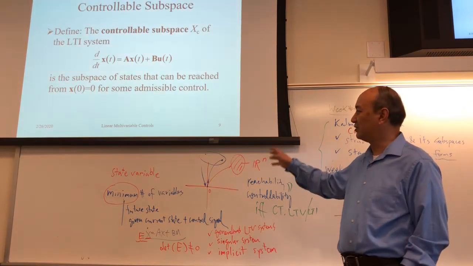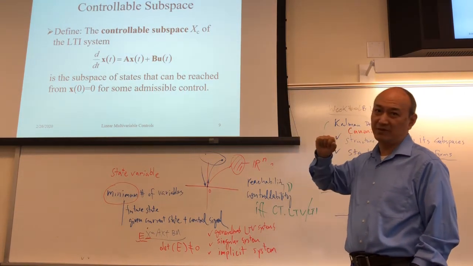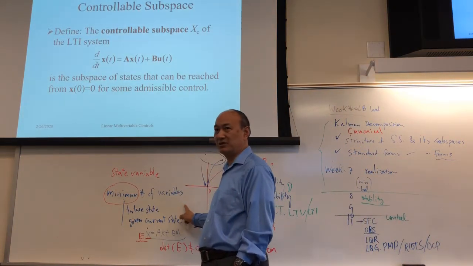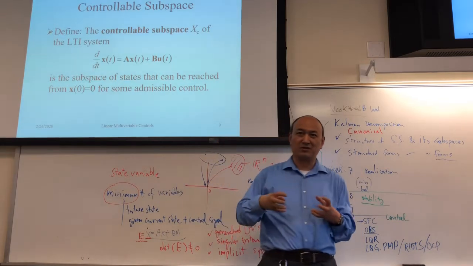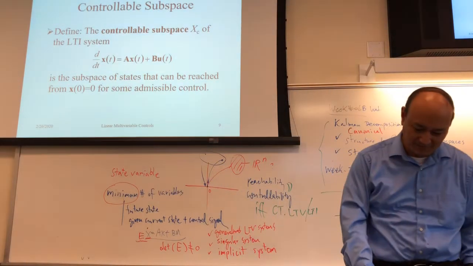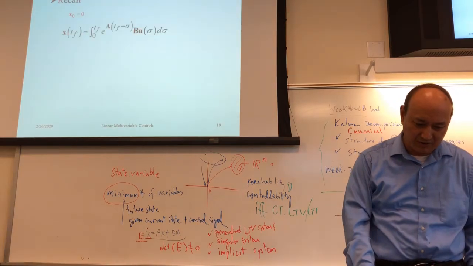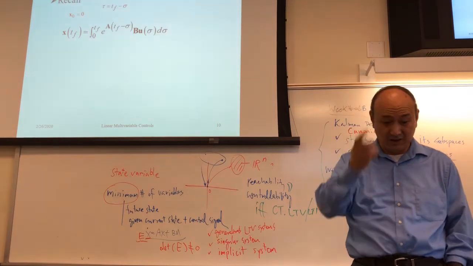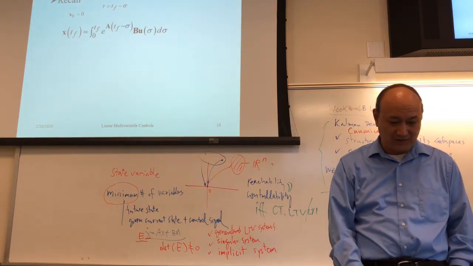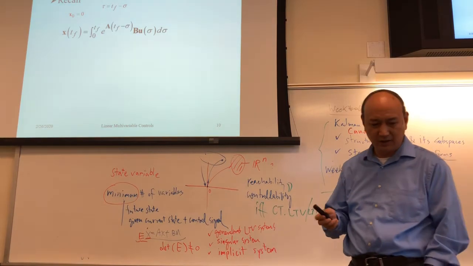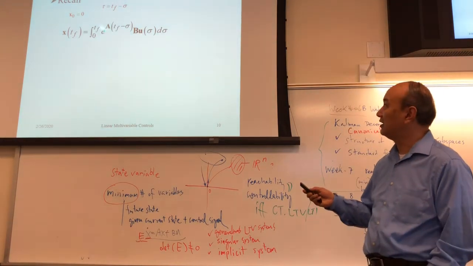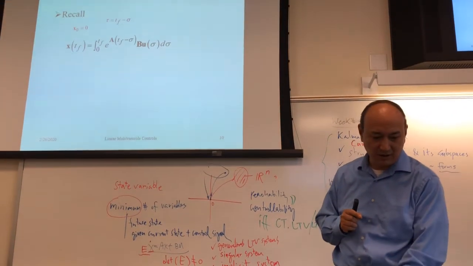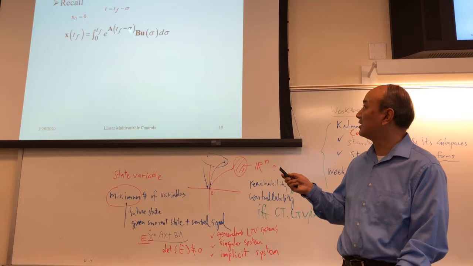I just explained why we have an uncontrollable subspace: one of the reasons is that you didn't use the minimum number of variables, so we try to squeeze to get the minimum number. Let's recall that x(tf) is the integration of e to the A(t minus tau), where A is the LTI matrix, remember, and here is sigma, like tau, the same.